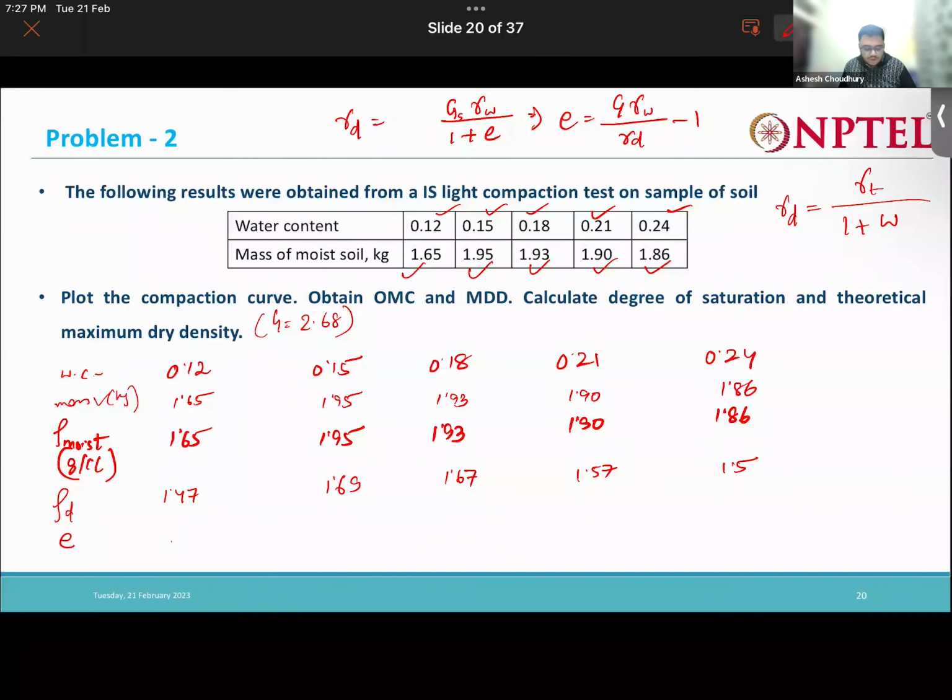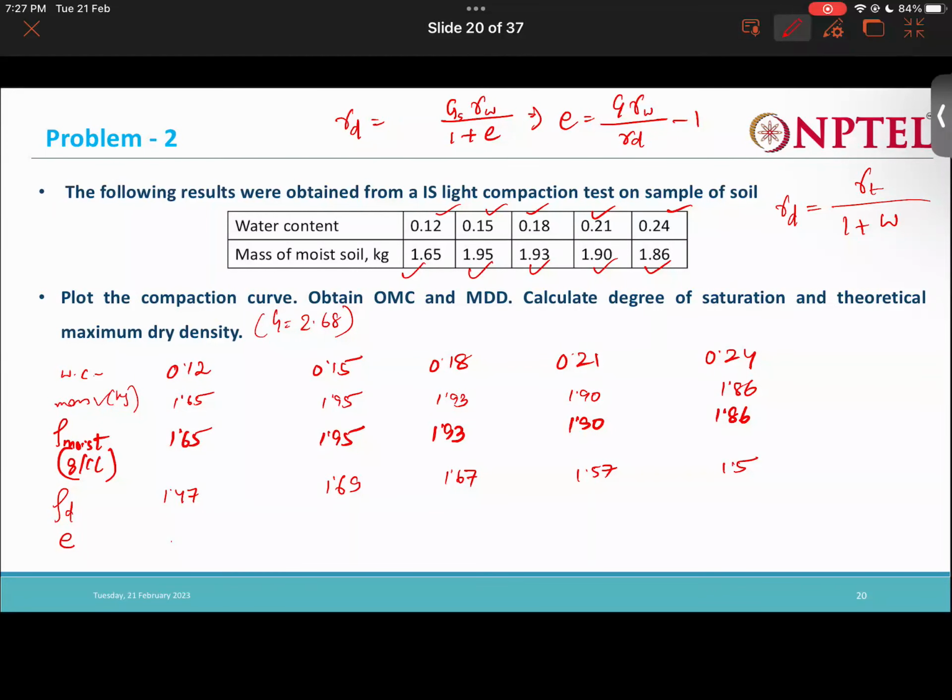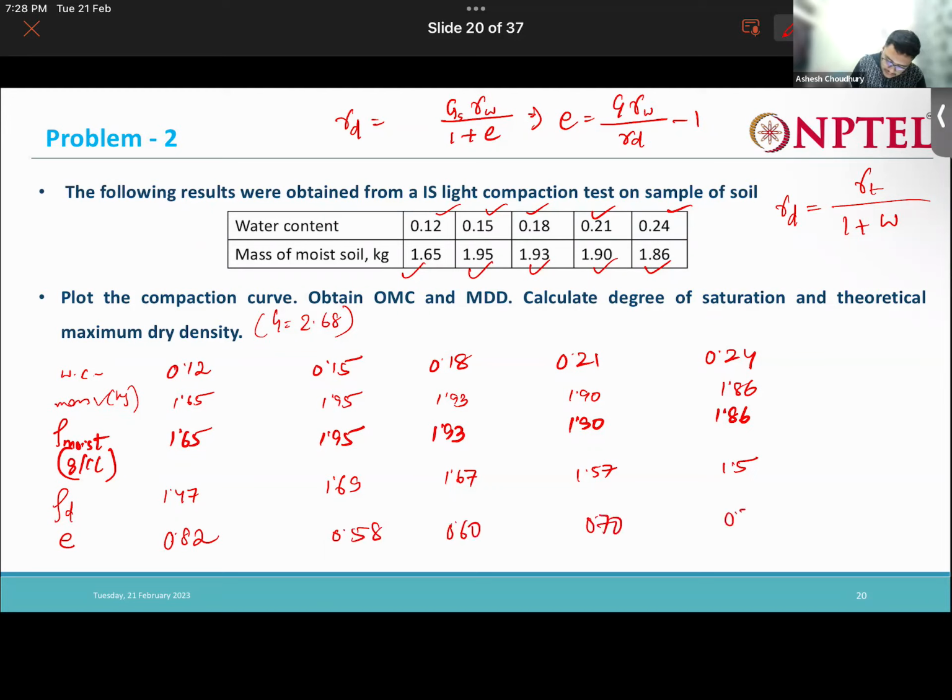What will it be? 2.68 into 1 divided by 1.47 minus 1. It will be 0.82. Like this you can obtain all the void ratios.